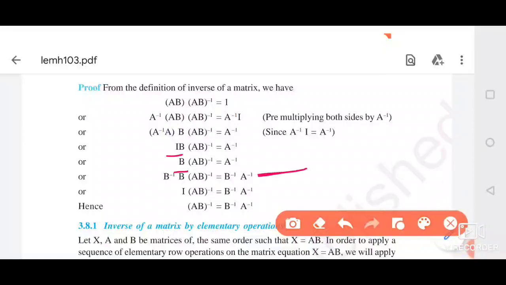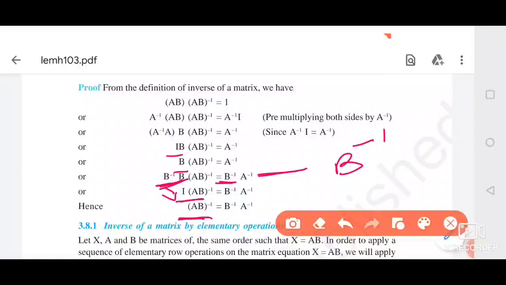In this line again they have done the pre-multiplication by B inverse. Now see, here also they have written B inverse first on both the sides. Now from B inverse into B we will get I, and if we multiply this I by this AB whole inverse, we will get AB whole inverse.